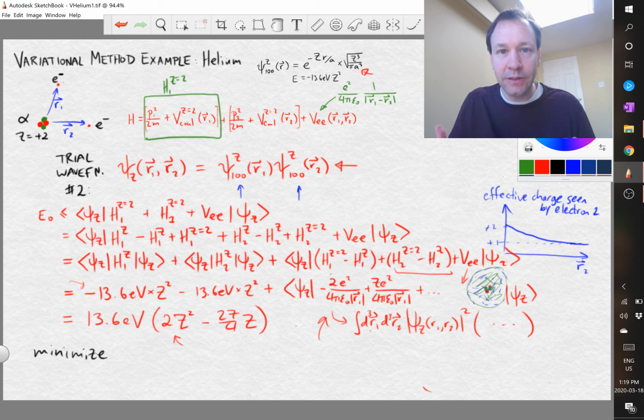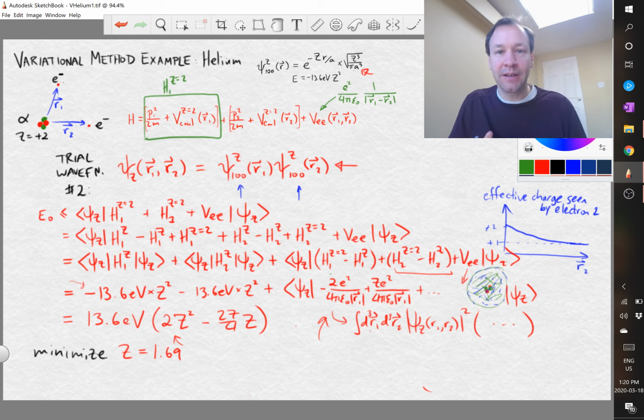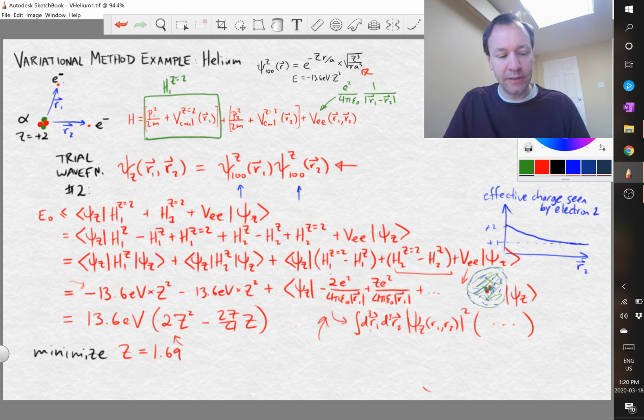Okay, so we can use our calculus method, take the derivative, set it equal to 0, solve for z, plug it back in, and what you find is that z equals 1.69. Okay, so that's what we expected. We expected to get something between z equals 1 and z equals 2.